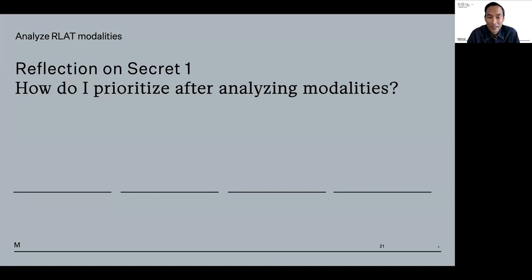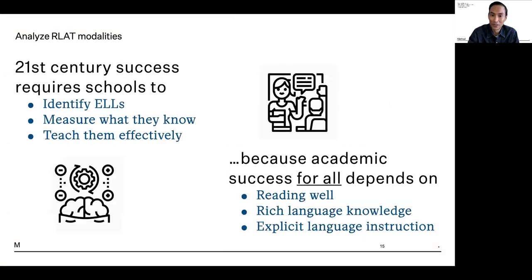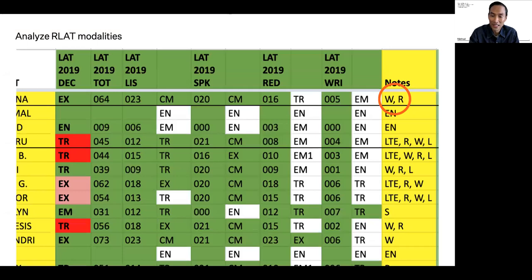So let's look at secret number 1 in your reflection. How do you prioritize after analyzing the modalities? I said a lot of stuff, but think back to when we were using these here. How would you prioritize those letters, whether it be writing or speaking?